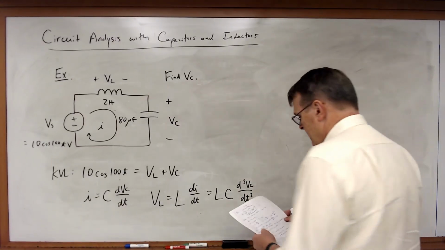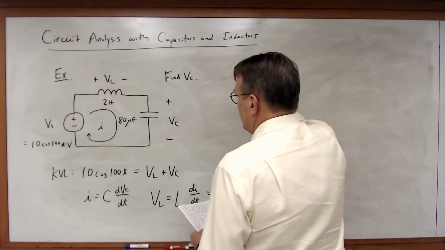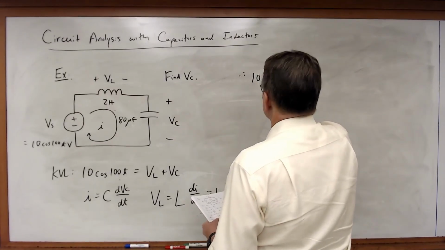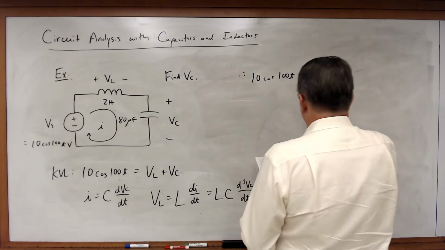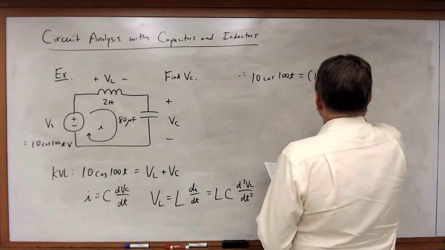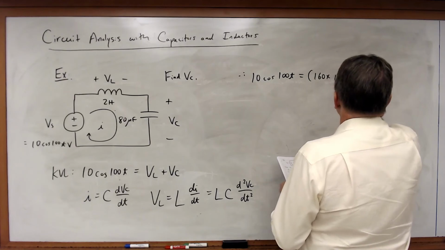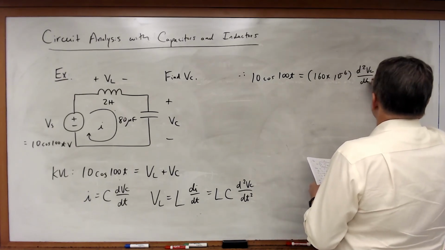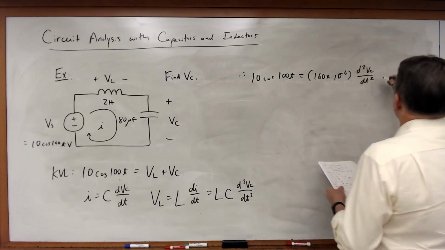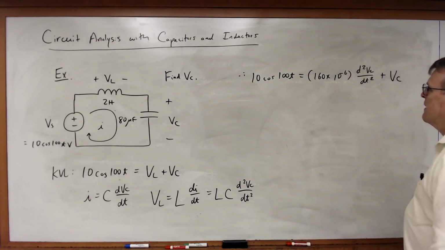So therefore, I can write this equation: 10 times cosine 100t must be equal to 160 times 10 to the minus 6 times the second derivative of Vc with respect to time, plus Vc.